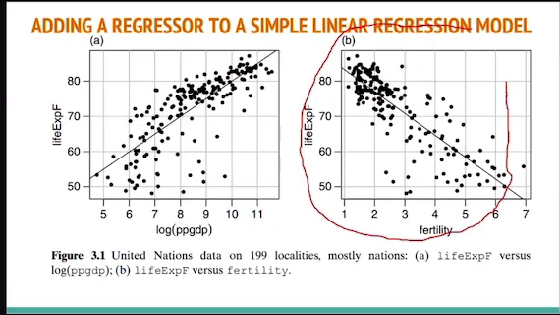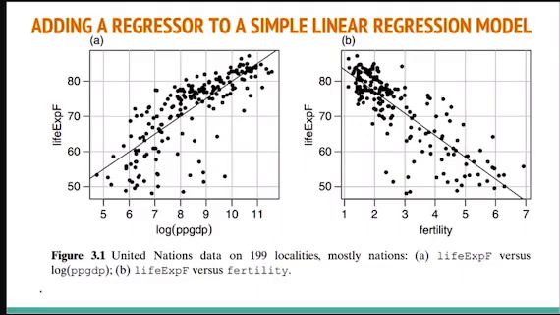But you know what I want to do? I want to differentiate between what we call marginal plots and added variable plots. But before going there, let's take a look at the marginal plots.